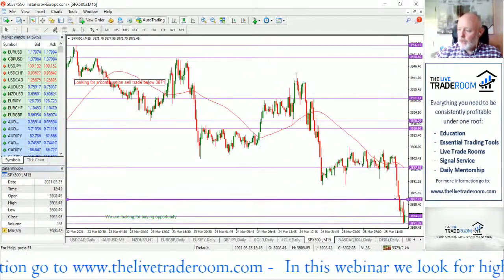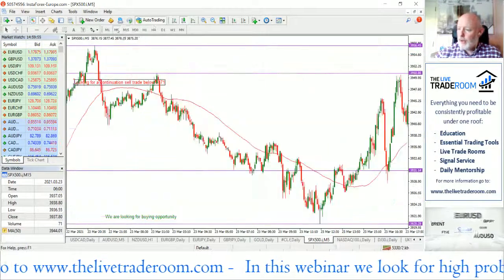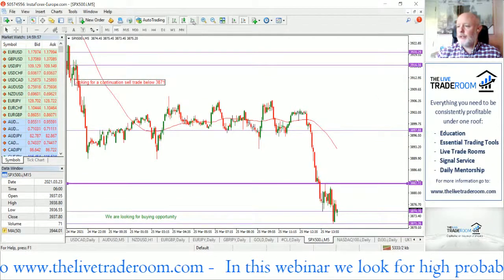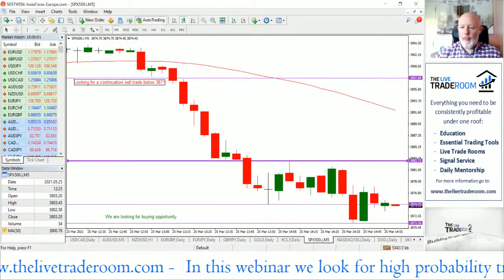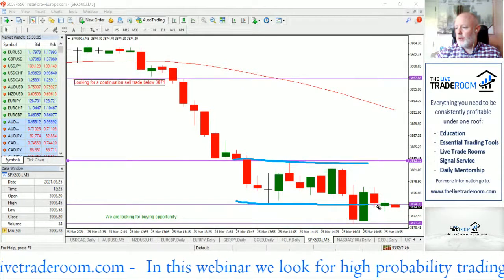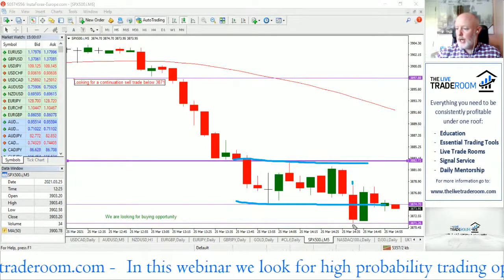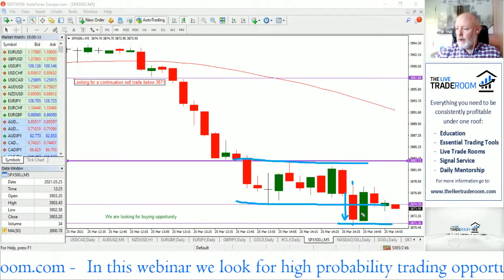We've just broken to the downside, and now we're going to see if there's an opportunity for some continuation to the downside. So here's your consolidation for 2-3 hours, drifting sideways. This is the market that actually closed to the downside, and what we're waiting for is the follow through of that trade.